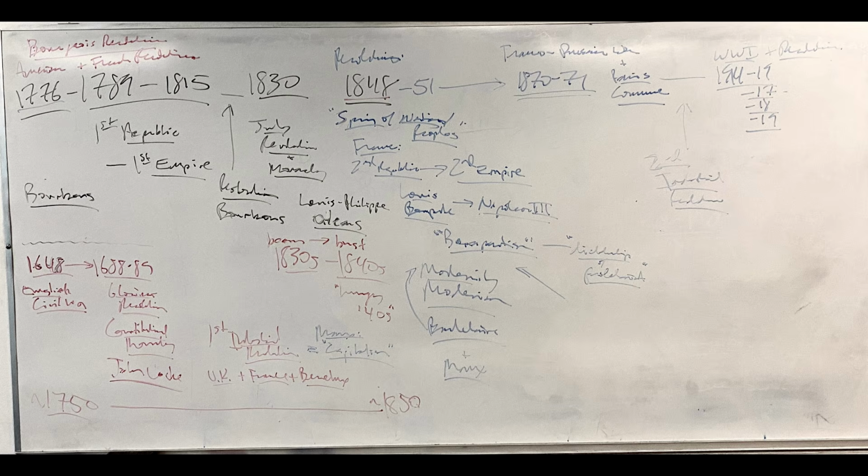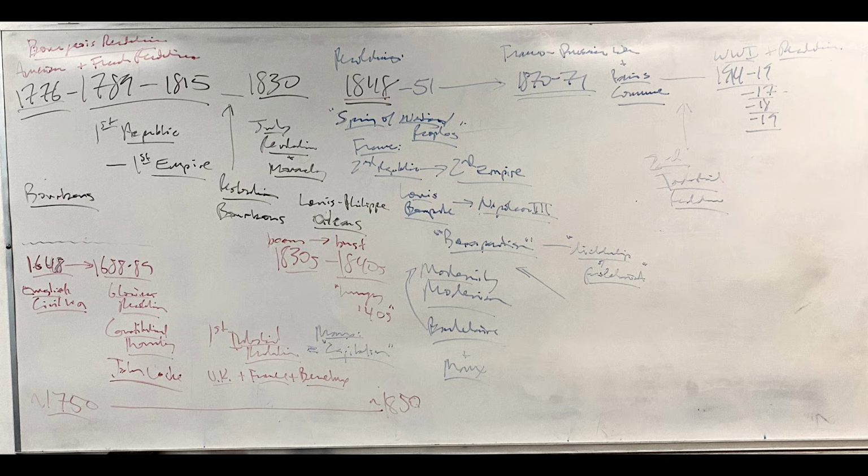Then we have the July Revolution and the July Monarchy, which come about in 1830. July 1830, the July Revolution that overthrows the Restoration. And so the Ancien Régime before the French Revolution are the Bourbons.